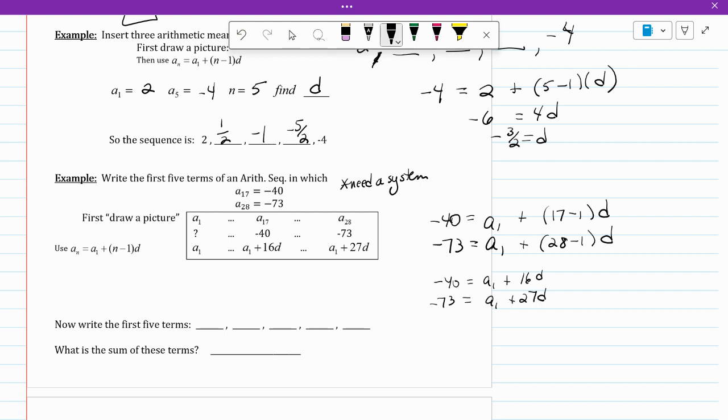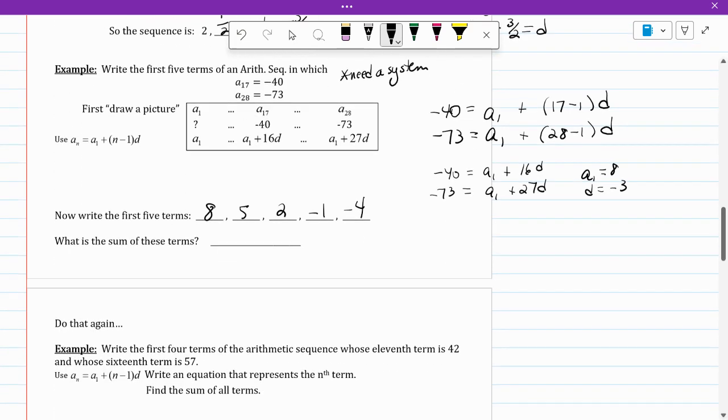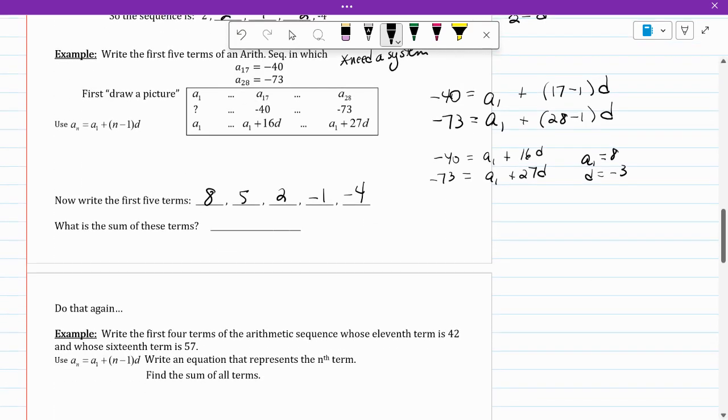So I'm going to do substitution, or I can do elimination, and I end up with a sub 1 equal to 8, and d equal to negative 3. First term is 8, and the difference is negative 3. So it's going to be 8, then 5, then 2, then negative 1, and then negative 4, subtracting 3 because that's the difference.